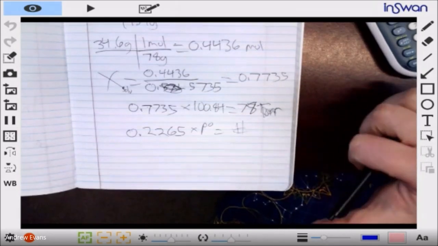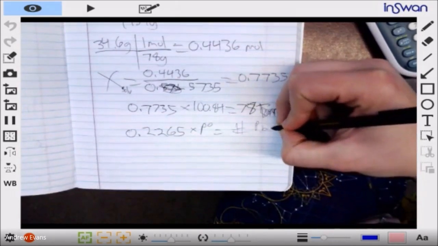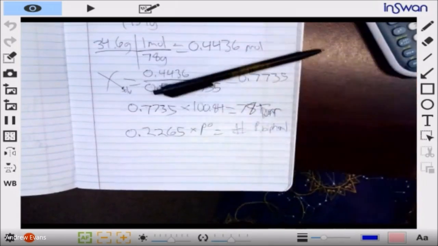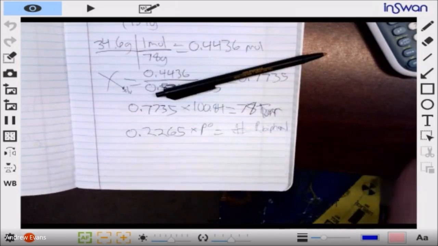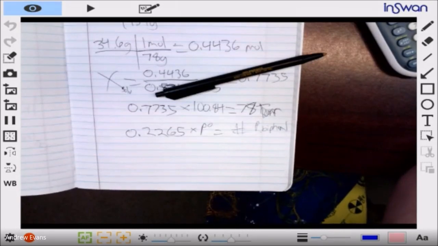But that would be for biphenyl, and biphenyl is non-volatile, so we don't have to worry about that. So long story short, we're done. That's as far as we're going today.